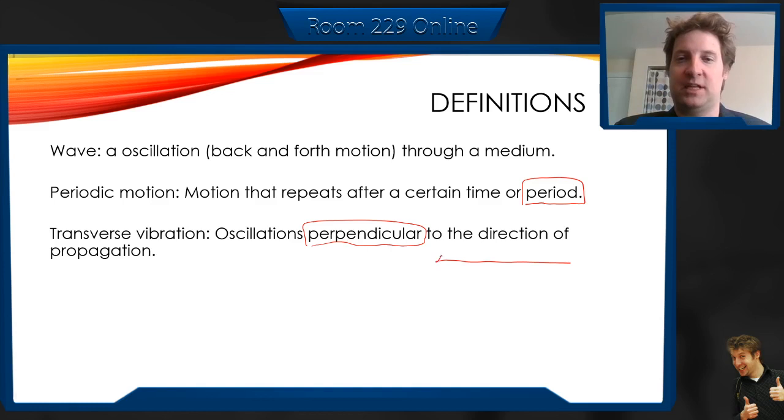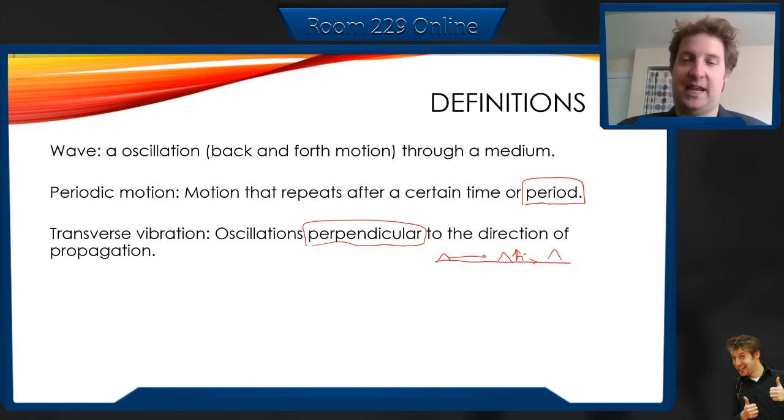If I send a wave down it, this little hump will travel along that material. So the wave is traveling along the material, and the oscillation is at right angles to that motion. That's what we mean by a transverse wave, like a guitar string.